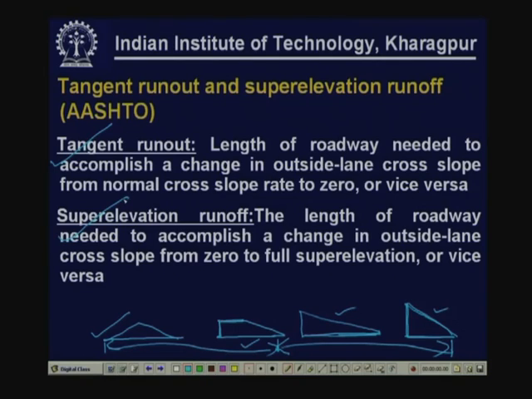So, superelevation runoff is the length of roadway needed to accomplish a change in outside lane cross slope from 0 as shown here to full superelevation or vice versa. So, that is what is known as tangent runout and superelevation runoff.